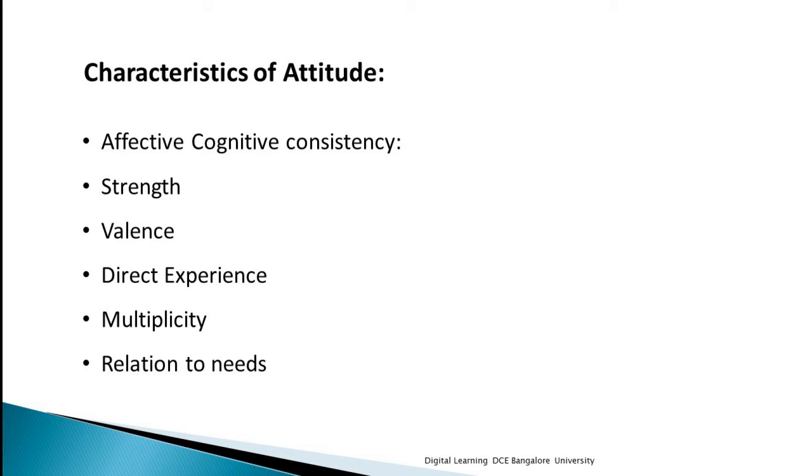That is the multiplicity. Then the last one here is relation to needs. Each and every person shows his attitude based upon his needs. Here they give the example, like in case a person goes to a film theater, his need is only to get some sort of entertainment, and that's it.